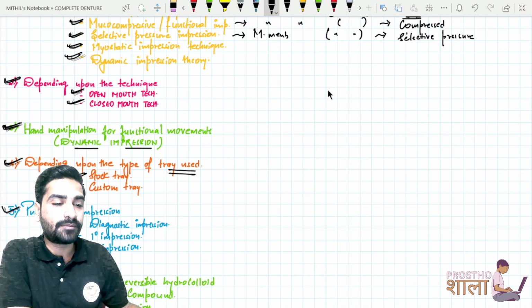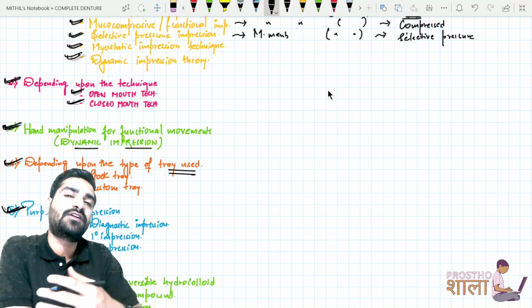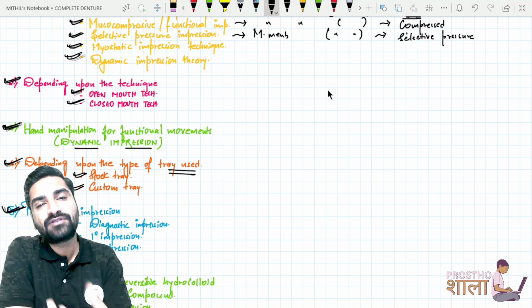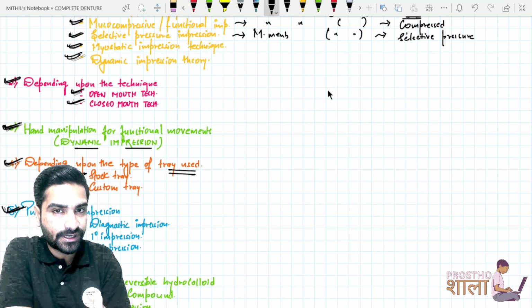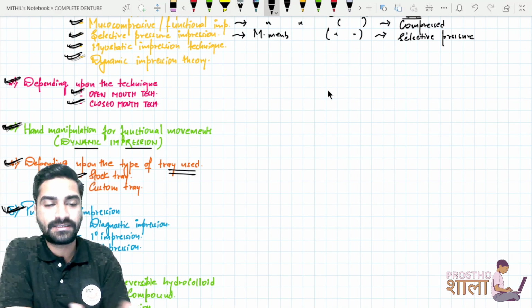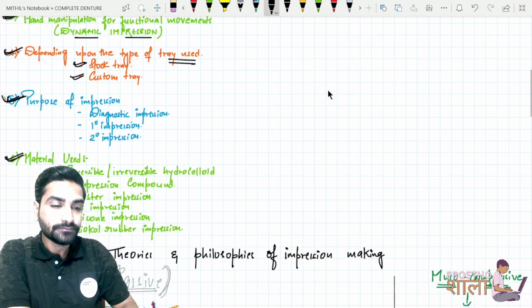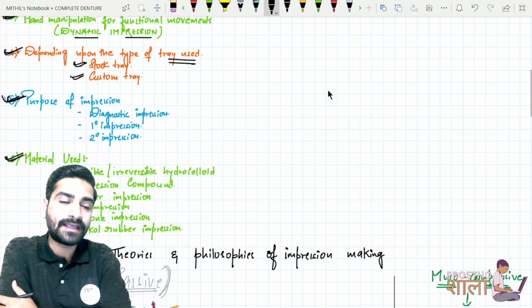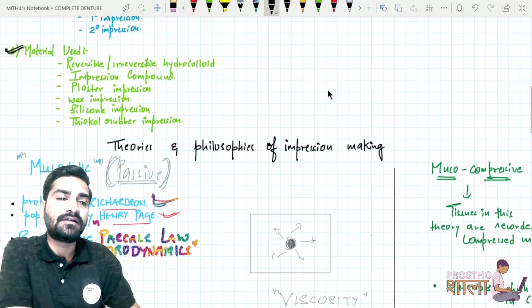Then the purpose of impression making. What is your purpose of impression making? That can also give you types of impression. As I said, diagnostic impression, primary impression, secondary or final impression, or master impression, right? Then next, based on the material used.